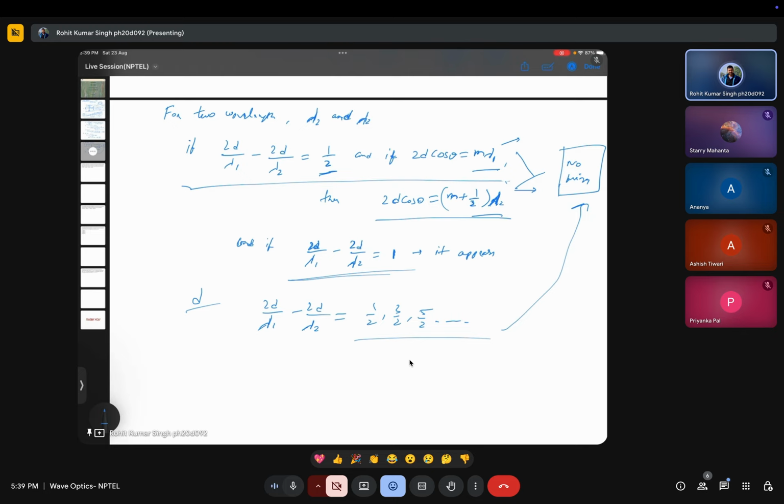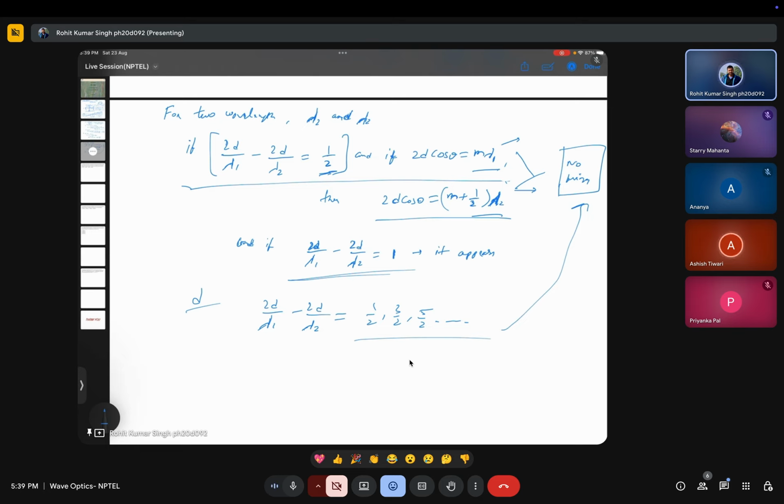So do you have any question or doubt? So this 2d by lambda 1, or it is given, or 2d by lambda 2? Yeah, so this condition has to be satisfied, okay. And how can you get this condition? You can get this condition by changing your d distance. Lambda 1 and lambda 2 are fixed, right?